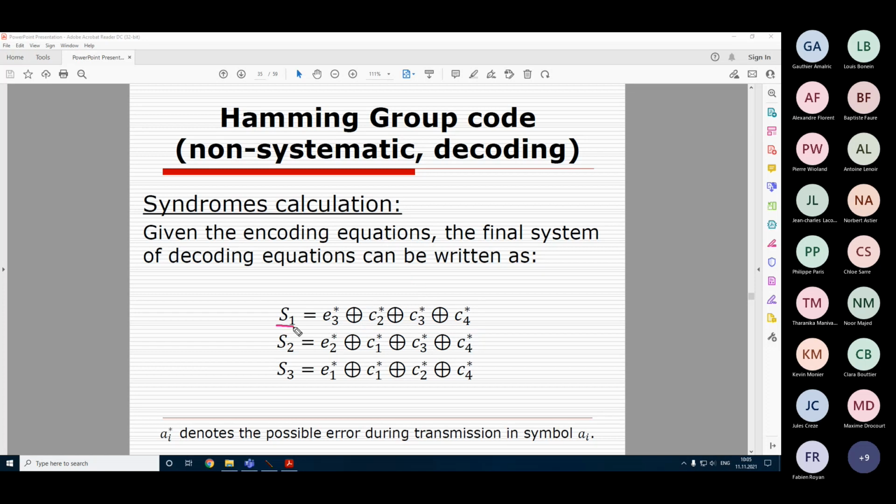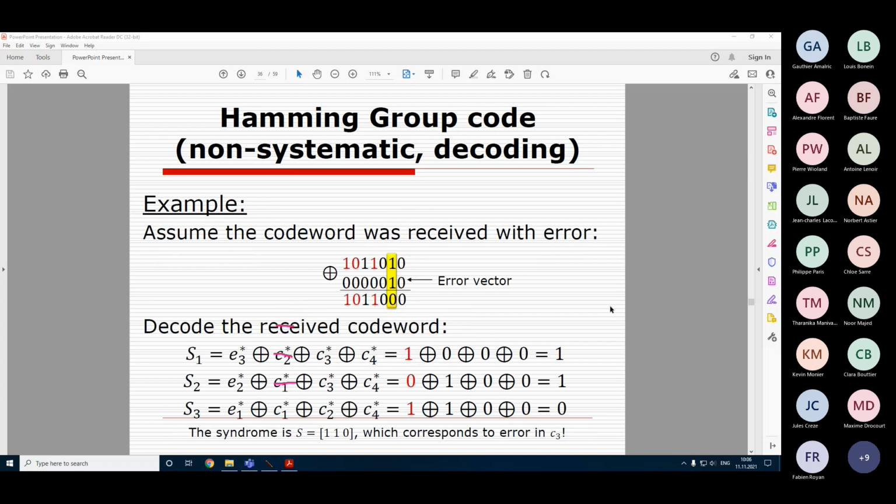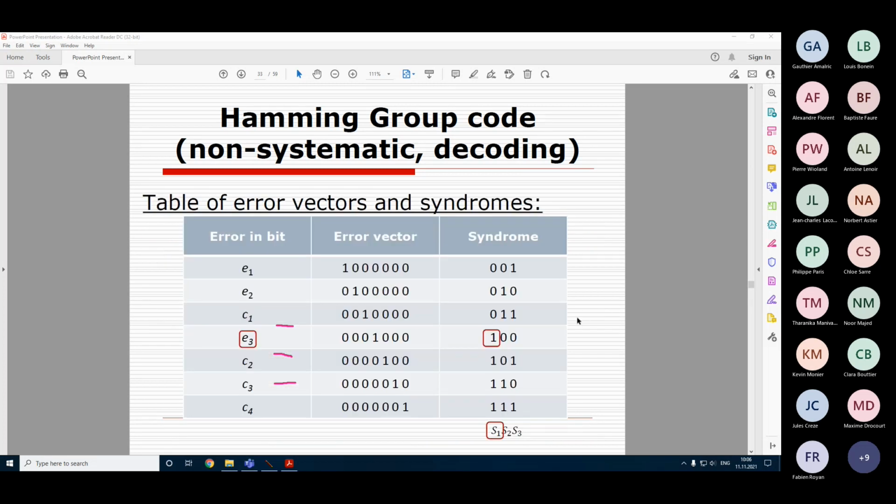So now we have calculated the syndrome from our code word, for example. And then, assuming that we have found the syndrome, in our particular case, we have found this syndrome, for example, we know the exact error vector, which we need to add to our code word.